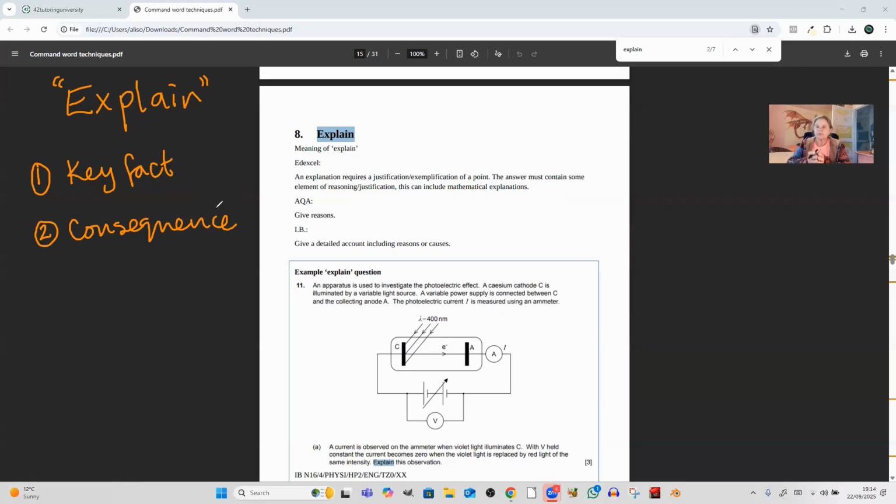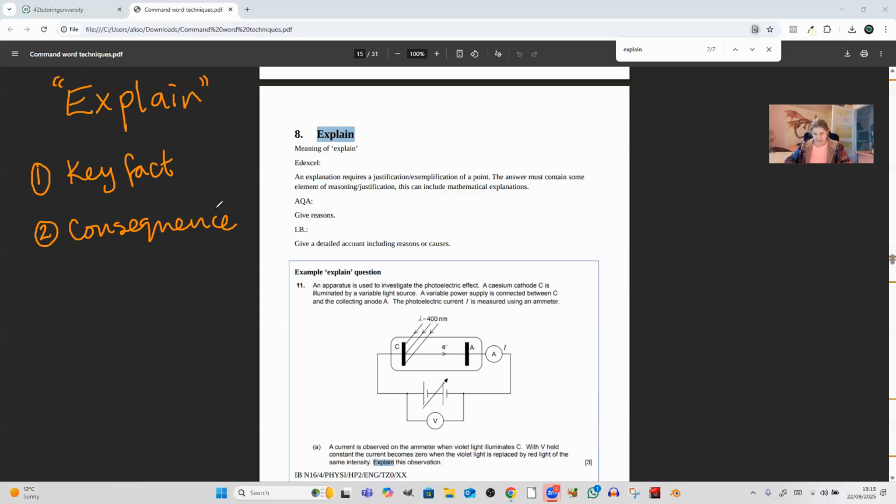Right, now, when I'm teaching about this in free demos and stuff, and I've even put this on social media, I've talked about a cat called Derek, okay, and I've said that your mum says, explain to me why your bedroom carpet's wet. So this is an explain answer, and I use it to illustrate this key fact consequence structure.